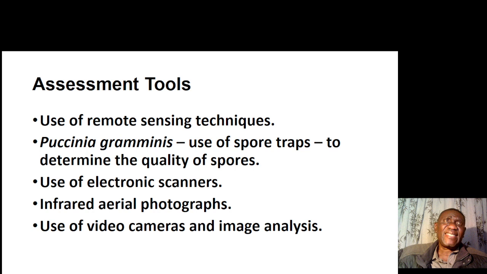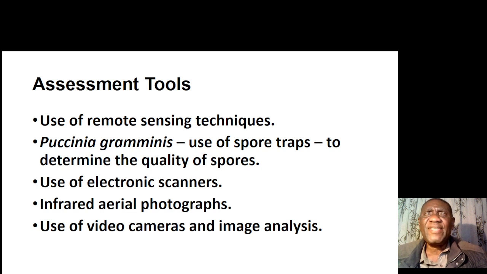Some of the assessment tools may involve use of remote sensing techniques. For example, for Puccinia graminis, we can use spore traps, just like what we do with the insects.